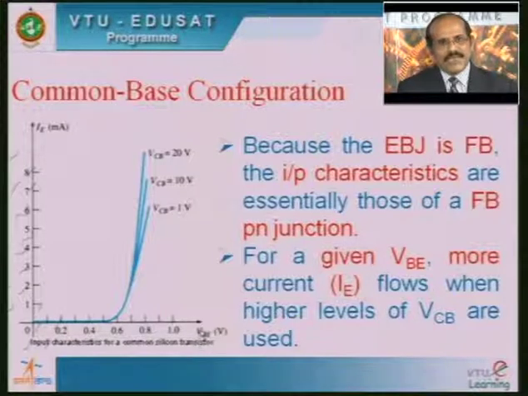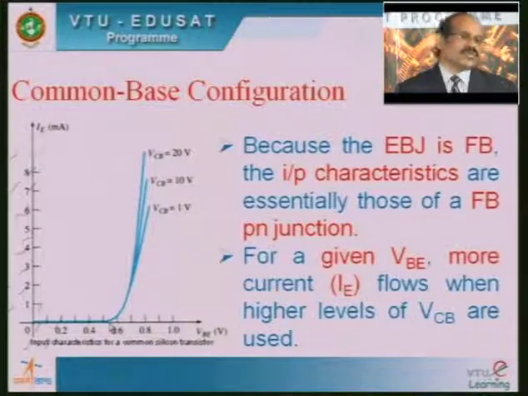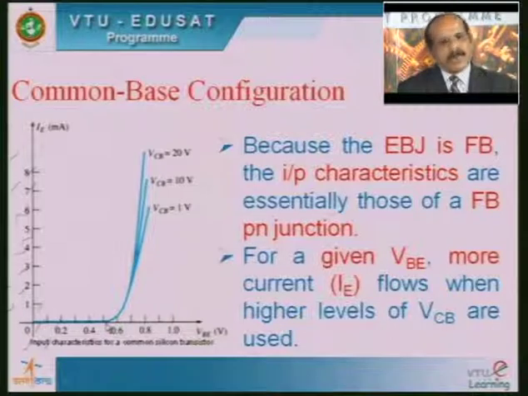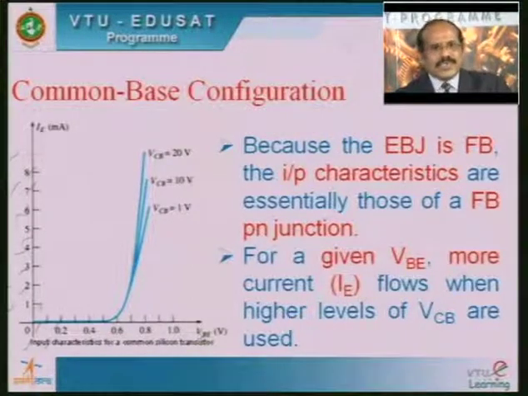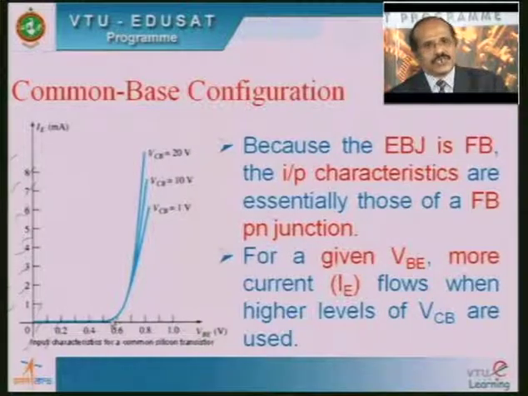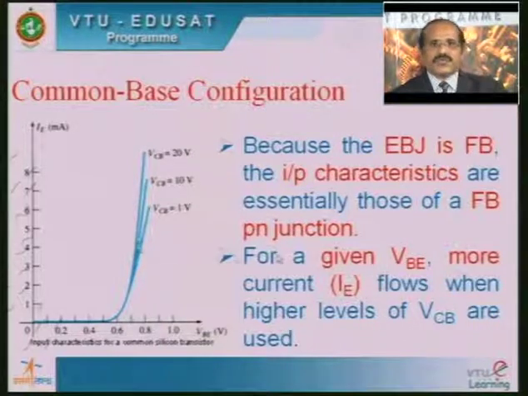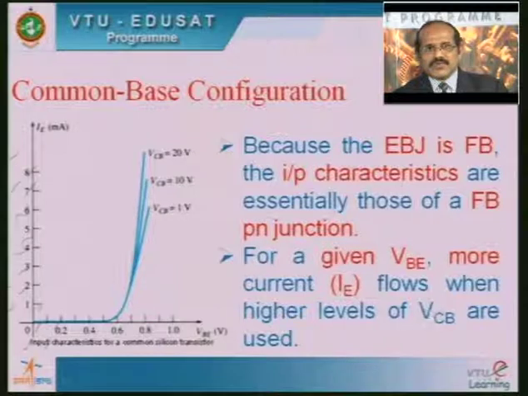When VBE exceeds the cut-in voltage, which is 0.7 volt for a silicon transistor and 0.3 volts for a germanium transistor, the current will start flowing through the transistor. Another point to note is that for a given VBE, more current flows when higher levels of VCB are used.